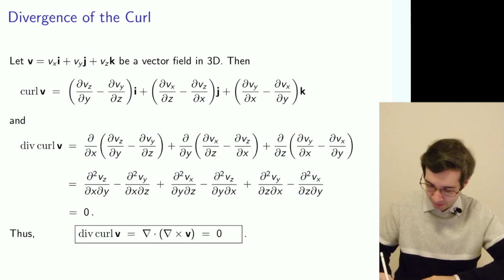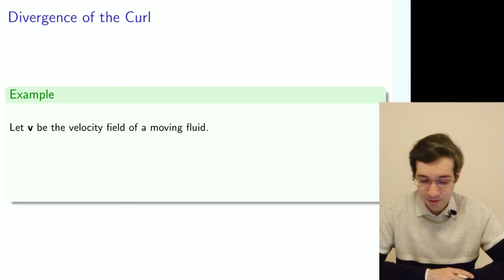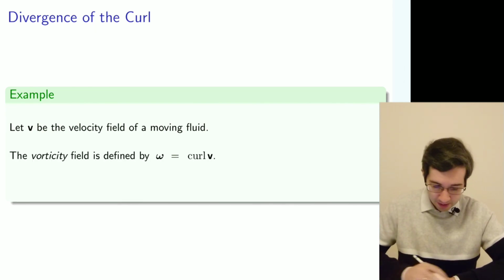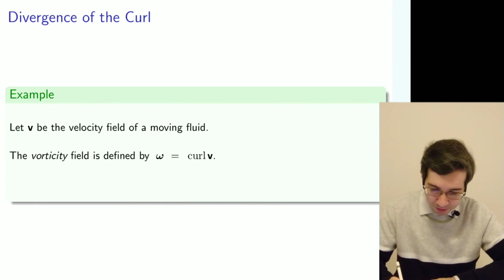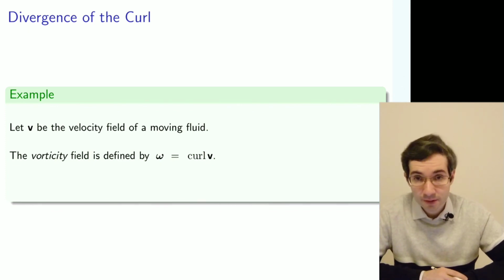And speaking of applications, let's think now again of our moving fluid. Let's think that v is the velocity field of this fluid. And if we want to know the vorticity, we take a curl, which will be a vector field again.